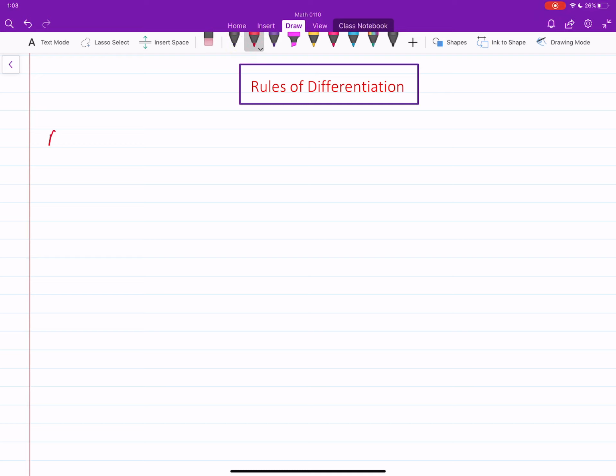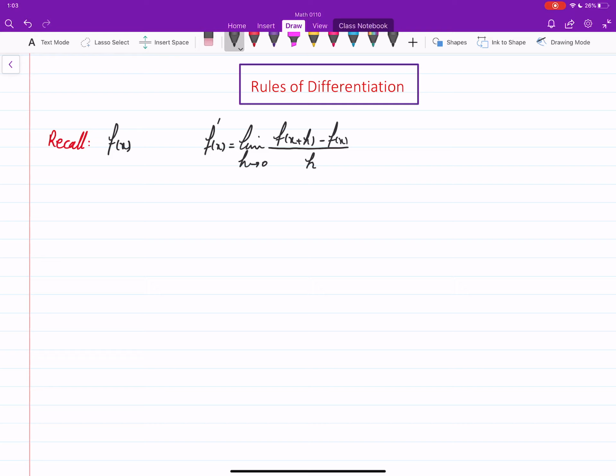Let me recall where we are in this whole process of finding derivatives. What we learned is that if we start with the function, then we have this limit, that if we compute it, and if it exists, we call it the derivative of the function at that point.